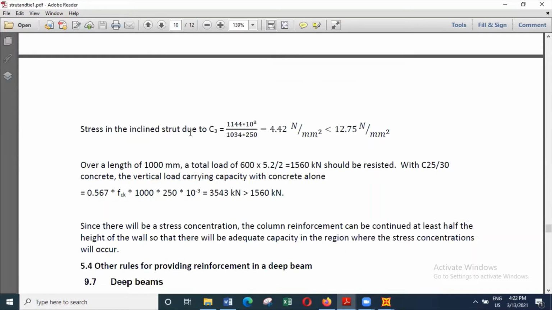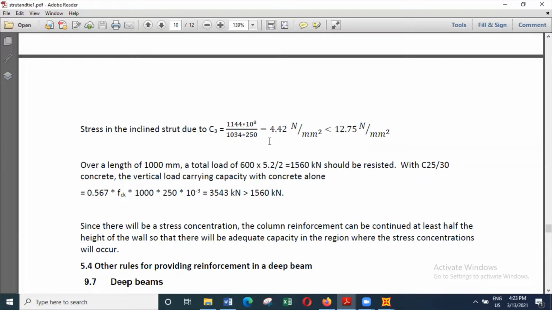But if you look at the force carrying capacity of concrete alone for this support, it is very much higher than the total load that this column has to resist. So we can't expect any problem.